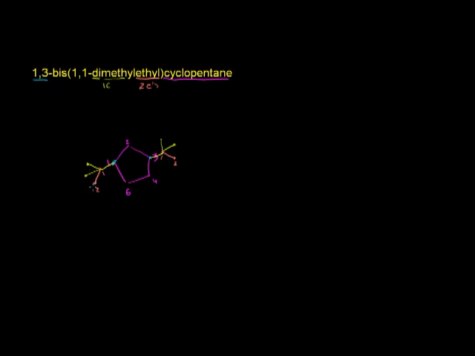Now, if you did this with common naming, instead of this group being a 1,1 dimethyl ethyl, you might see that we're connected to a group that has 1, 2, 3, 4 carbons in it. The carbon that we're connected to branches off to 3 other carbons. It is a tert-butyl. So another name for this would be 1,3, tert, or sometimes people just write a T there.